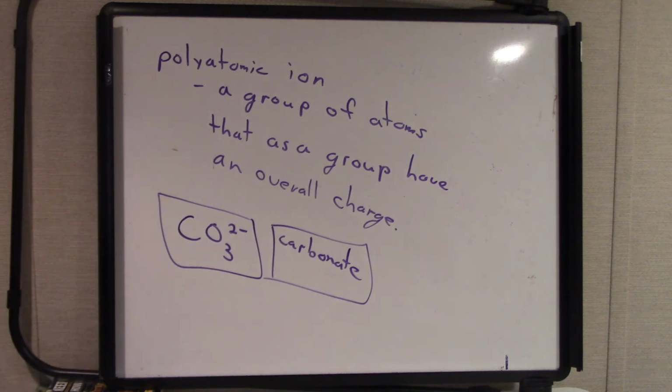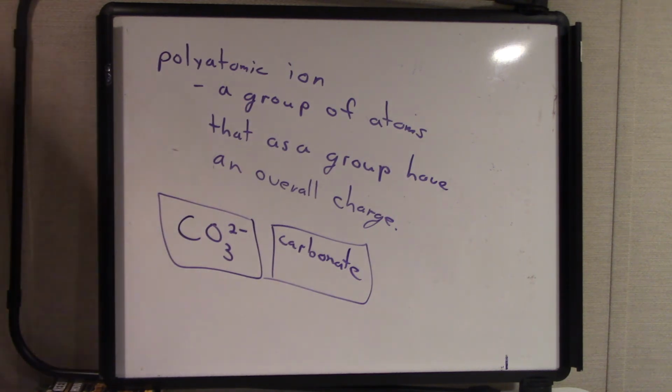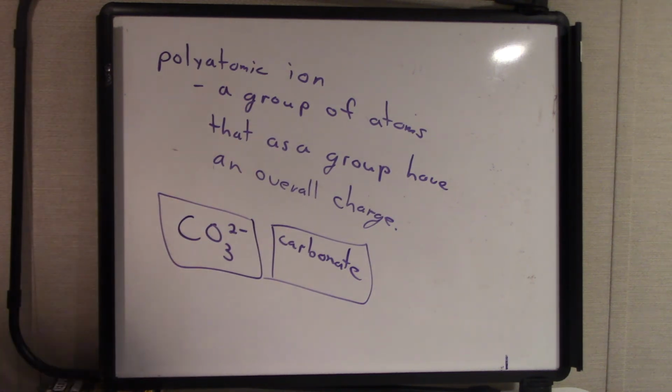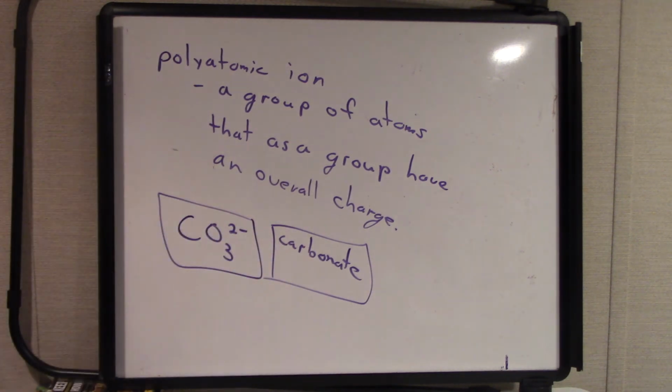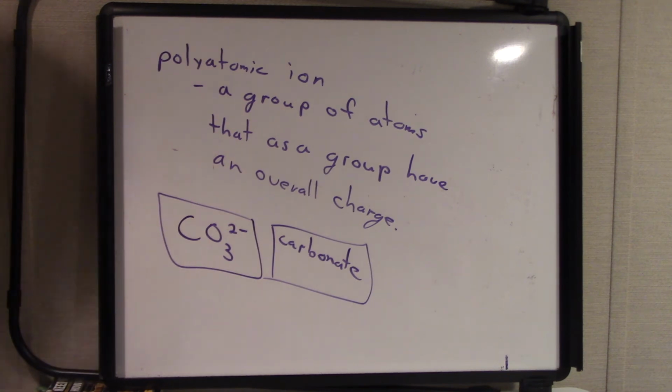CO3 2- is the carbonate ion. And then you would just keep doing those flashcards of all the ones in that table in your textbook until you have them all memorized. There is no other way but to sit down and memorize those.